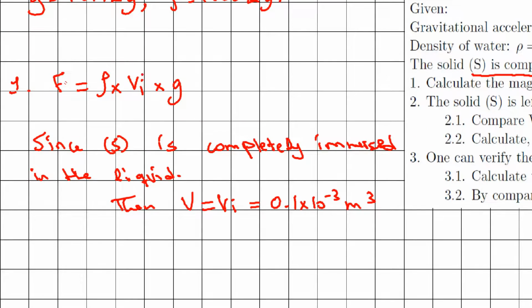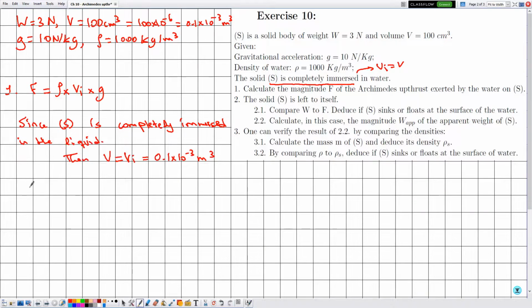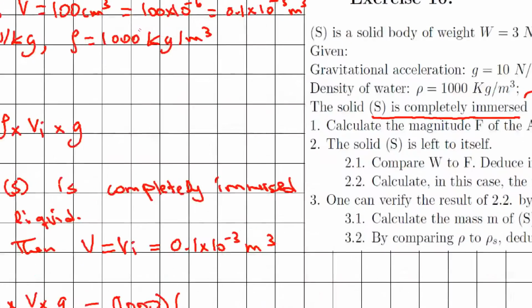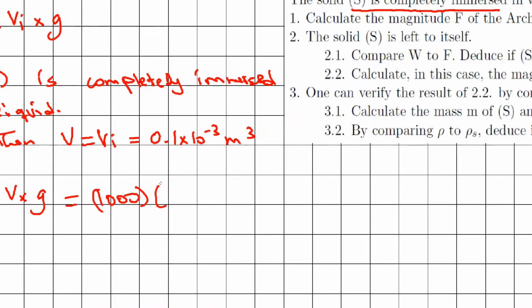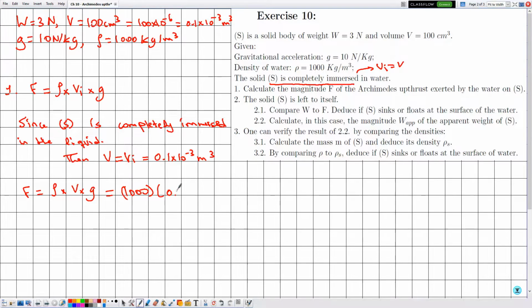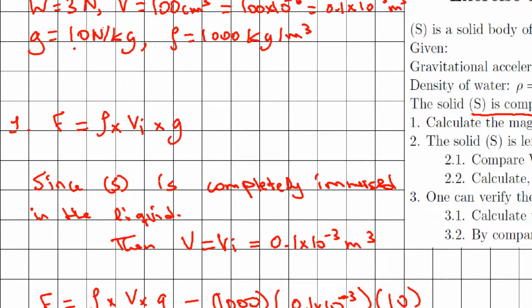Replacing Vi by V, the value of F is given by the density of the liquid times V times g. Now the value of rho is 1000, the value of V is 0.1 times 10 to the power minus 3, and the value of g in the SI is 10.